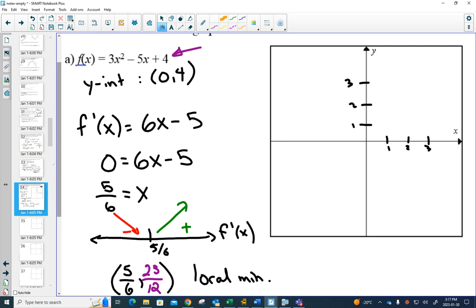We can label our vertex, our local minimum, to be at 5, 6, 23 over 12. And we know that our graph is going up. Right? Because we know a parabola looks like this, but can you see that the first derivative is telling us it needed to be decreasing and then increasing. And our second derivative is telling us that it always should be concave up. But we knew this already because it was a parabola.